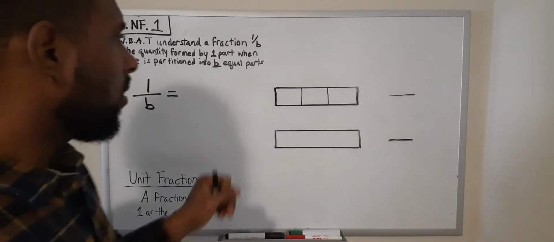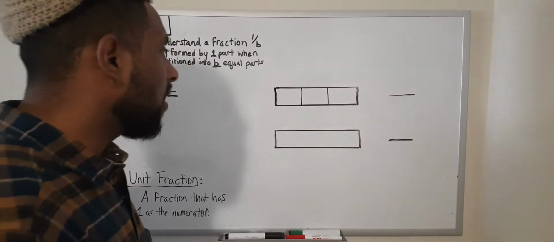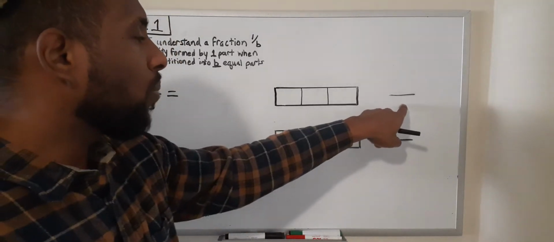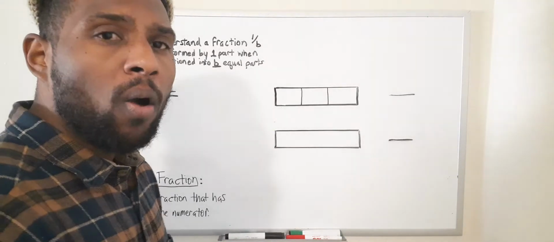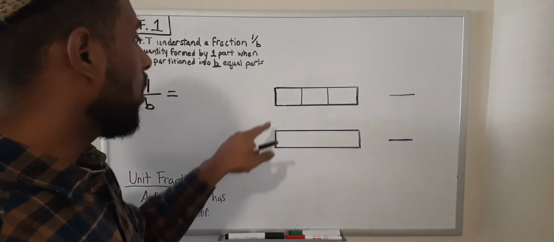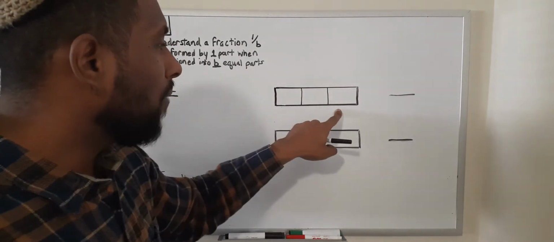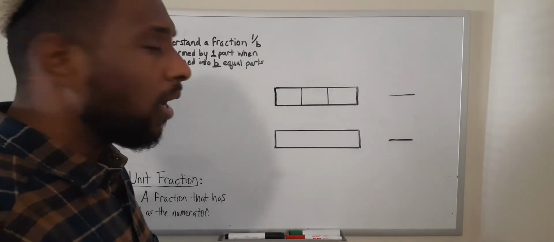So first, let's identify what our denominator is going to be for this tape diagram. The denominator represents the total number of equal parts that construct a whole. So we're going to count how many equal parts we have here to determine what our denominator would be.